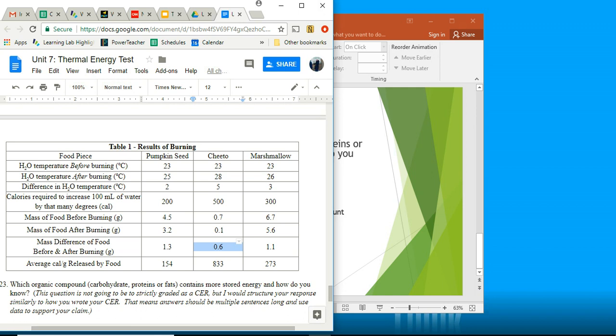So we need to use calories per gram, okay? If we had burned a gram of each of these, we want to make sure we're comparing, as they say, apples to apples. So we got to make sure we're comparing the calories for every gram burned. So we have to use this data down here.